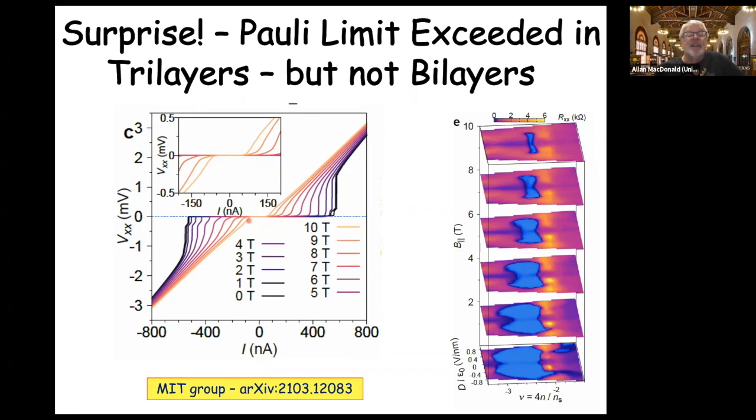You can see that although the critical current gets smaller, the superconductivity, dissipationless transport, persists up to magnetic fields that are in the neighborhood of 10 Tesla.